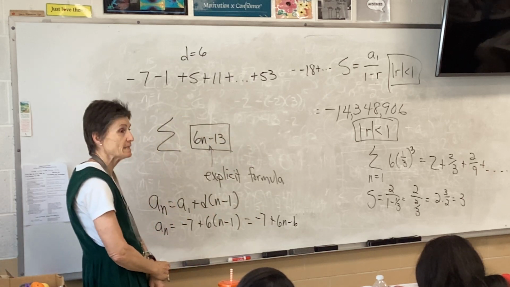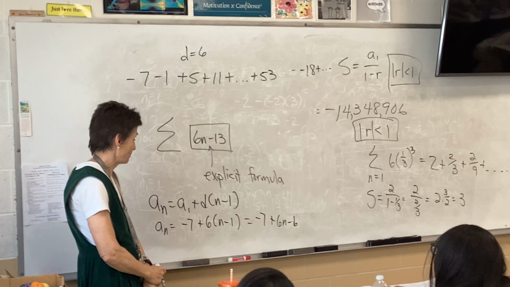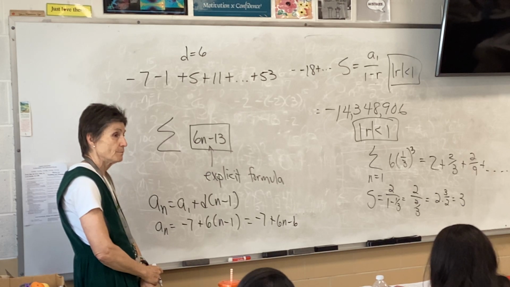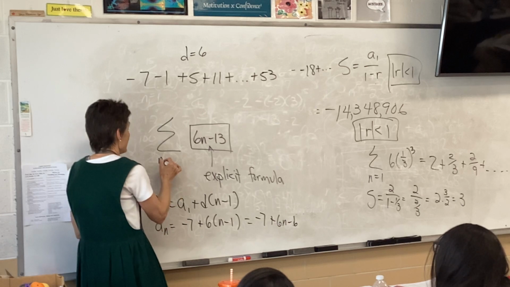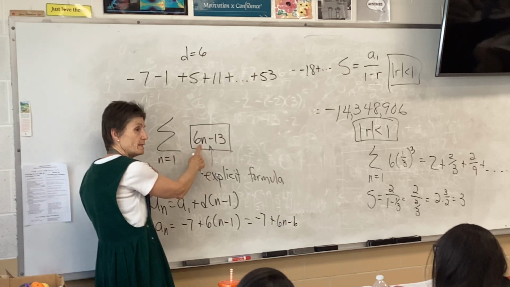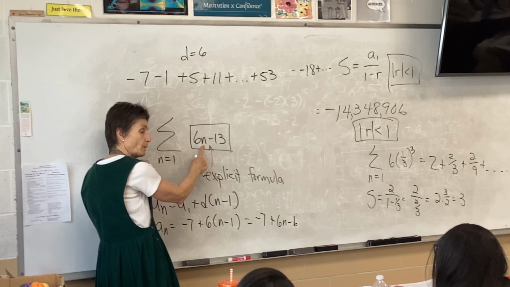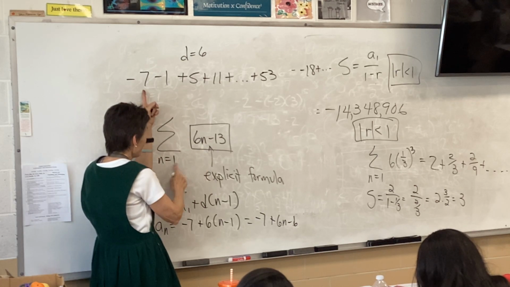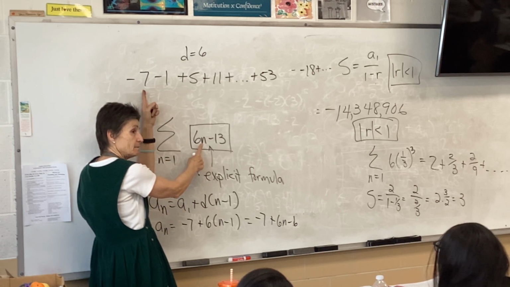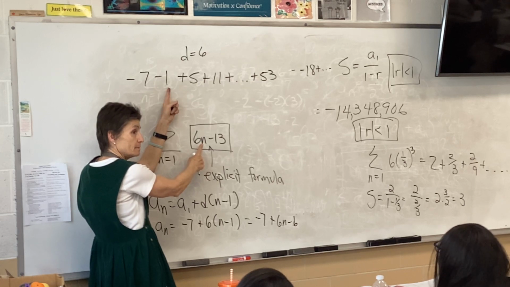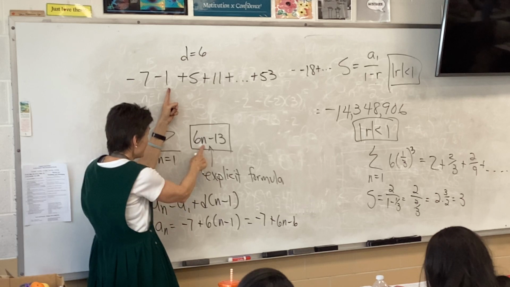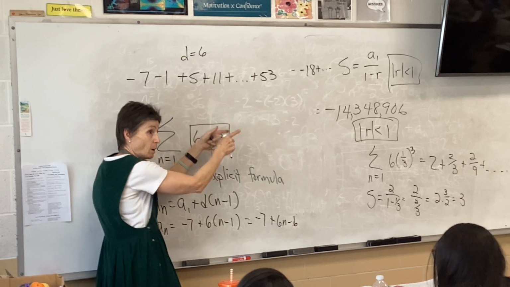Or -13 plus 6n? Now, would you notice something? What happens if I put a 1 in here? I get -7. What if I put a 2 in there, what do I get? -1. Or put a 3 in here, I get 5, and so on.